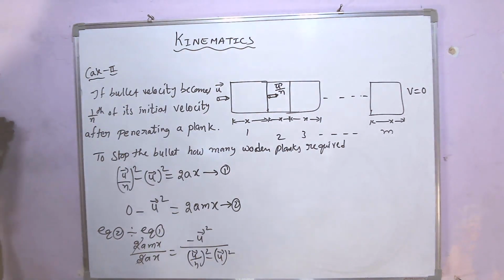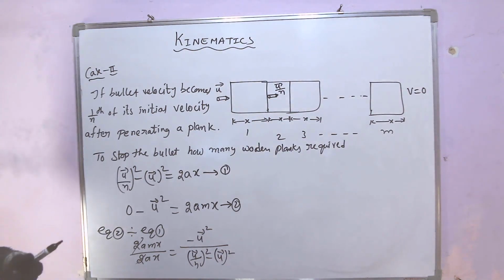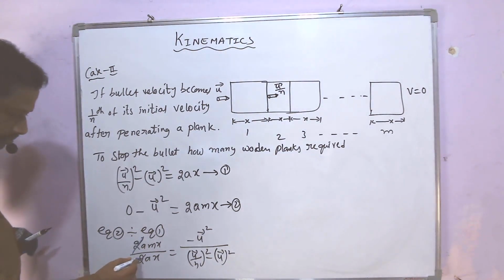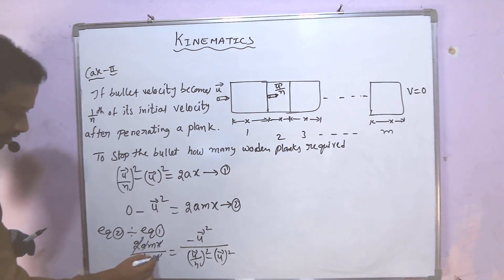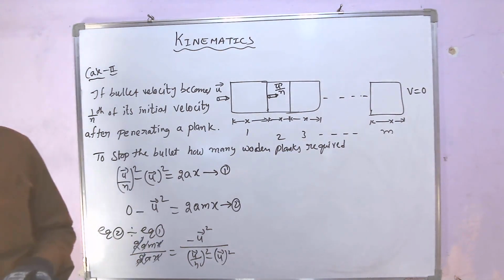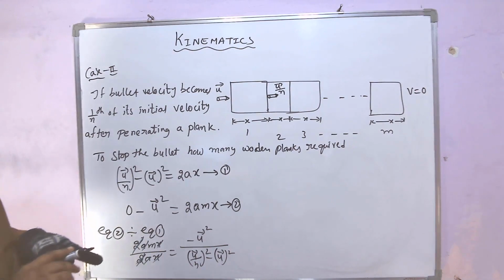Here 2 gets cancelled, and 2ax also gets cancelled. What is left behind, you have to see.